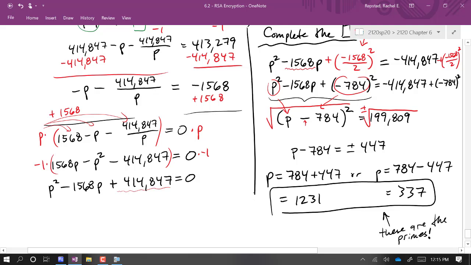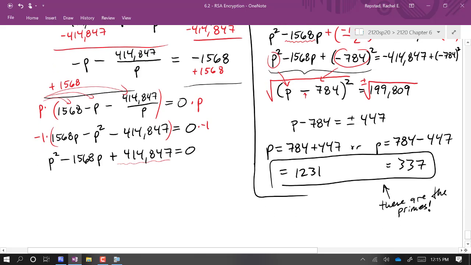Now, I said that you could also use the quadratic formula. So if you use the quadratic formula, you'll get the same results. This is a 1p squared in the beginning.